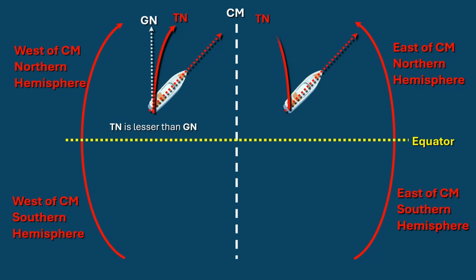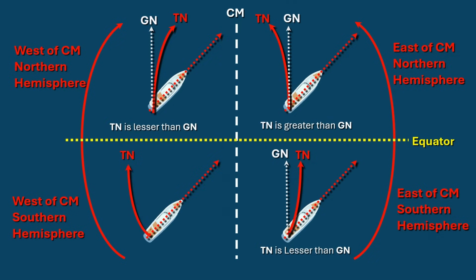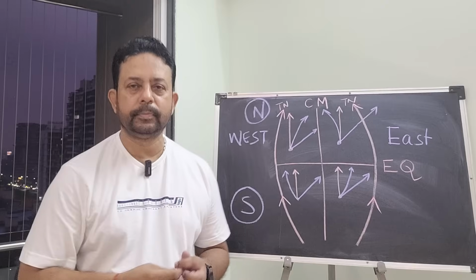In the southern hemisphere, it is completely different. In the southern hemisphere, the grid north will be greater than the true north when it is on the east side of the Central Meridian. When it is on the west side of the Central Meridian, the true north will be greater than the grid north.